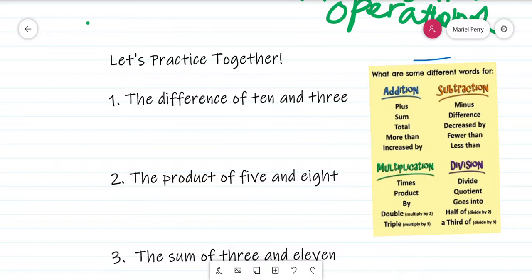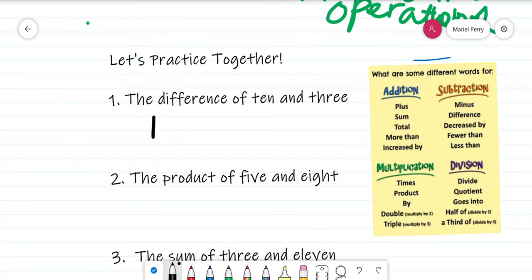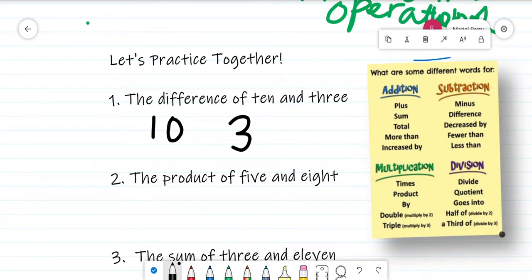This phrase says the difference of 10 and 3. What I do know is that it has two numbers in it, 10 and 3, and we need to find the difference between the two. Oh, difference. I see it over there. Difference, most times, will represent subtraction.